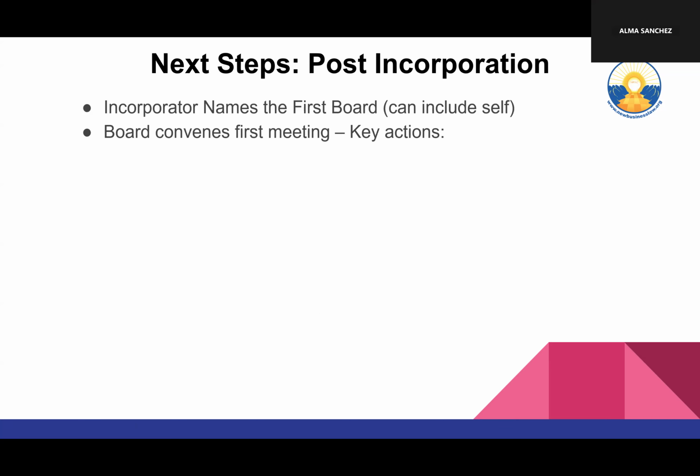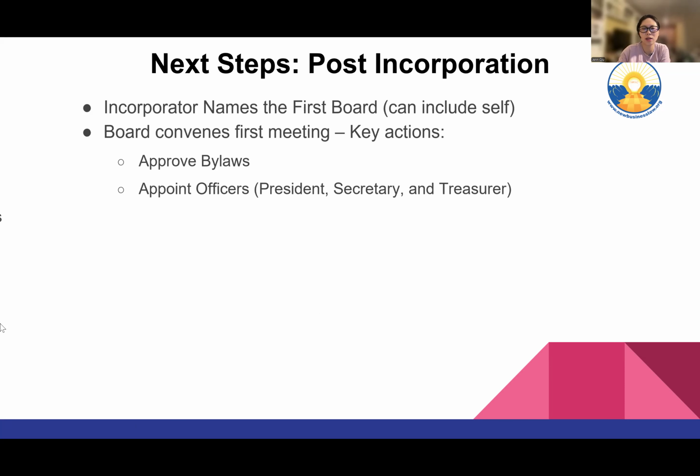And to name a few, this includes hiring employees, setting up bank accounts, purchasing commercial liability insurance, and also approving additional filings. And we're all very busy, so sometimes it can be hard to get a board meeting, especially if you have 12 board members, you will need at least six of them to get a quorum.